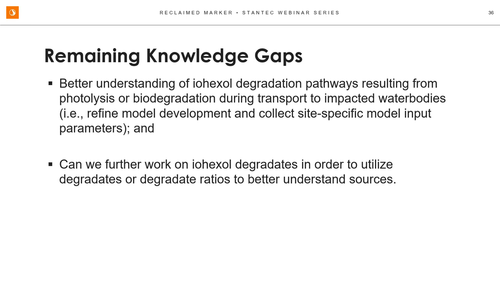And perhaps we can do further work on iohexol degradates. We did look at that a little bit in the third project. We did have one UV disinfected plant, and we had hoped perhaps we could find a unique photolysis degradate that was formed in that plant.